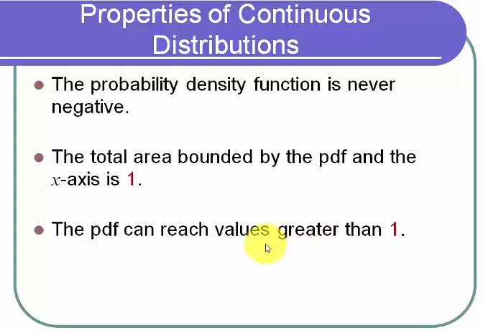For example, if we're only between 0 and a half, the height is going to have to get bigger than 1, because if you stay under 1, then the area between 0 and a half would be less than a half. But the area for all values must be equal to 1, so it's going to have to average 2, for example. So don't be surprised if probability density functions get higher than 1.